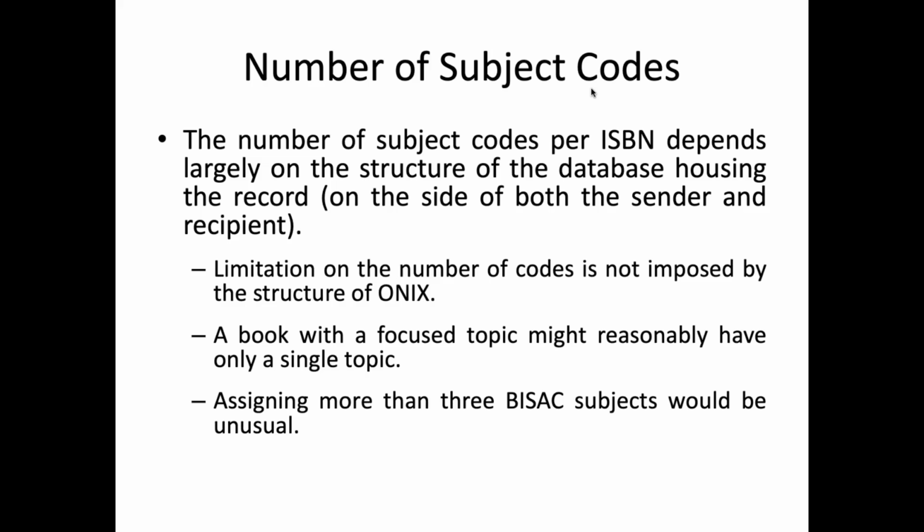But it is reasonable for a book to only have a single topic, though it's a little unusual for it to have more than 3 BISACs. Say you have a book that's about learning how to knit. It's perfectly fine to just have crafts and hobbies, needlework, knitting. There's no reason to put anything additional on that title.